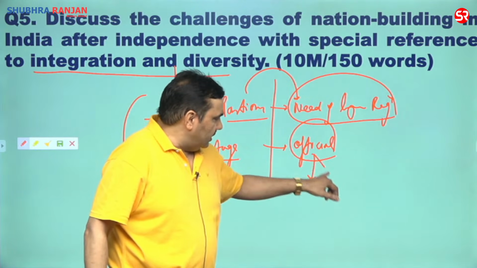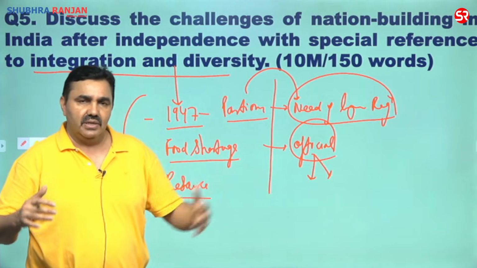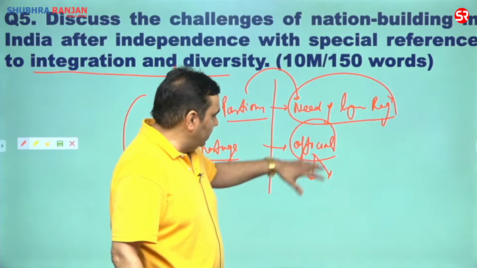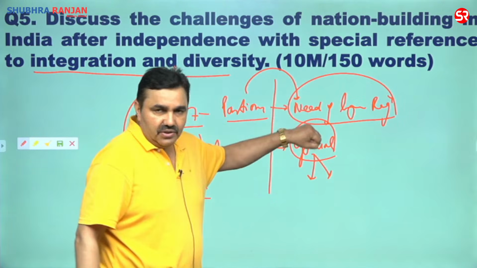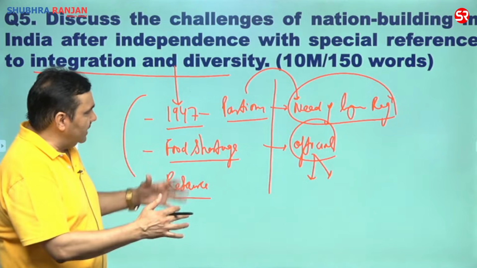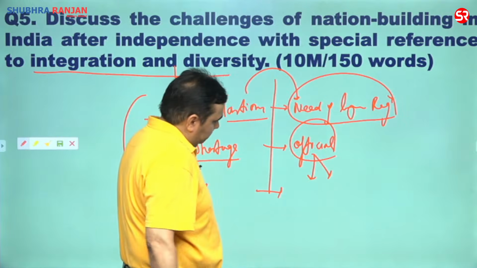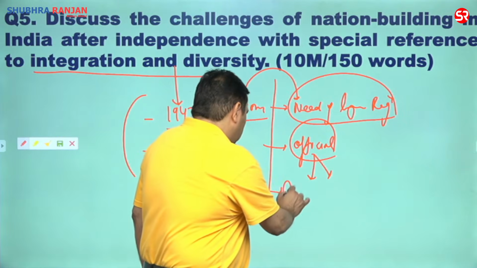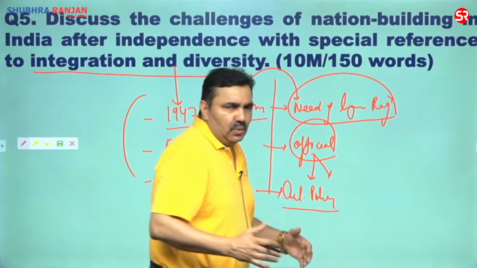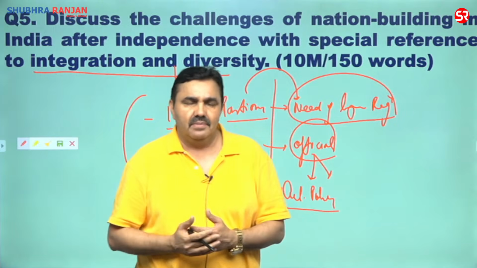When 1965 started approaching, agitations and demonstrations were witnessed in North India in favor of Hindi, and in South India against Hindi, or for the continuation of English as the second language. So all these challenges, then you have issues related to cultural policies, family planning. India was the first nation in the world to have family planning.